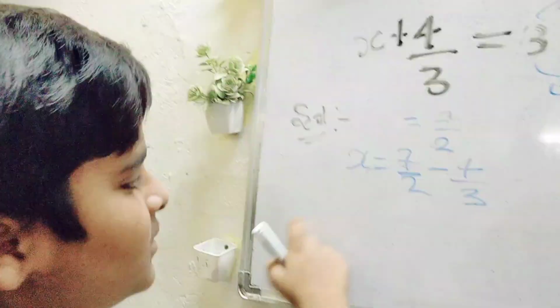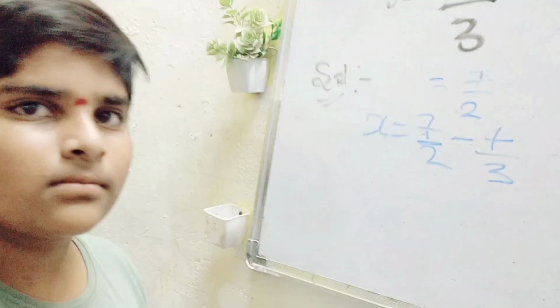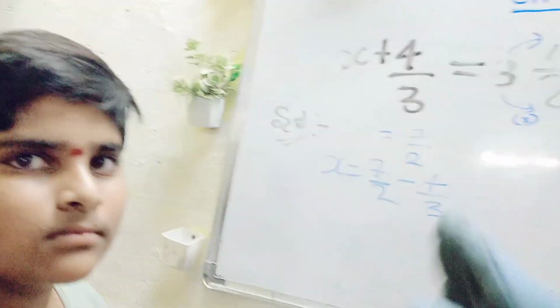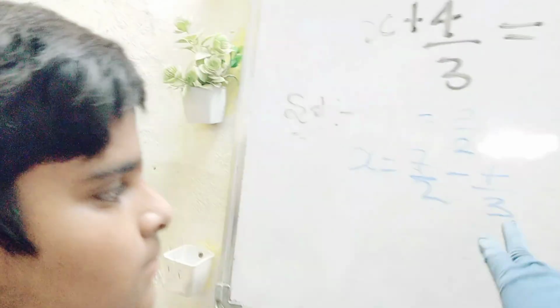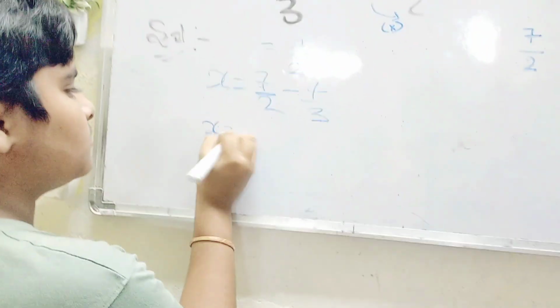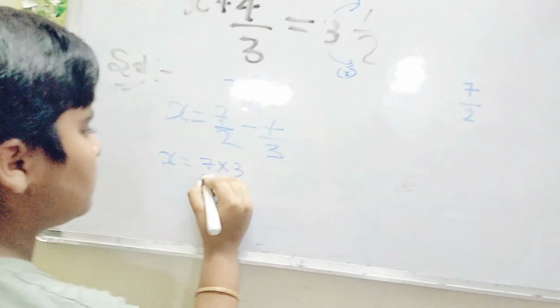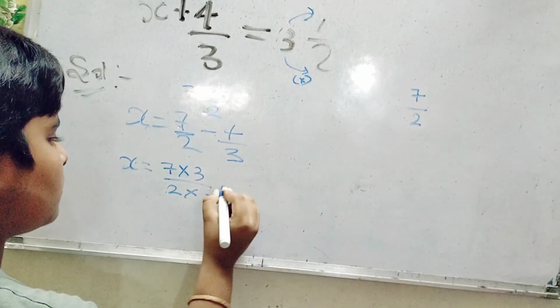Can you subtract them like that? No. Why? Because they are unlike fractions. So first you have to convert them into like fractions and then you can subtract. To convert this into like fractions, find the LCM of the denominators. So LCM of the denominators is 6. You have to multiply the numerator and the denominator both with such a number that you will get 6.